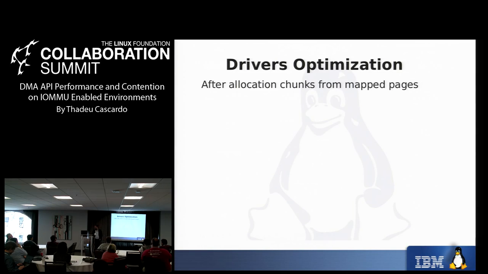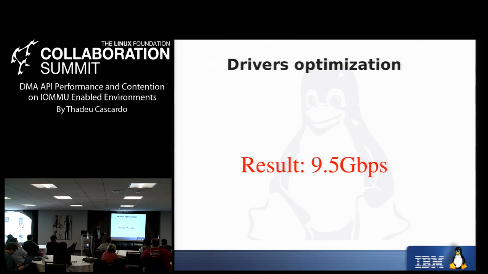It was not trivial, but it was doable, and the result is 9.5 gigabits per second. So you have to take care when you do that in the driver, because otherwise you may have very bad performance. The other solution is trying to fix the DMA map API itself. For some drivers, optimization has already been done, or we don't want to do too much work on every driver, so it's possible that we can just fix it once.